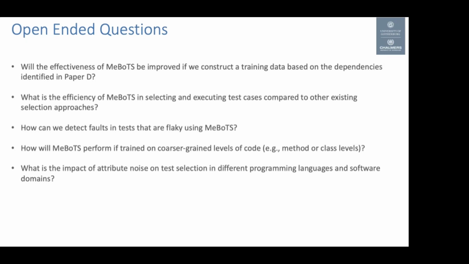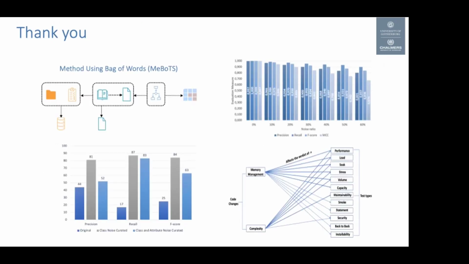And finally, we want to see whether the conclusion drawn about the effect of attribute noise was just coincidental, whether it was just related to the programming language or the domain in which it occurred. We want to examine the impact of attribute noise on test case selection on different data sets from other programming languages such as Java or Python. And with this, I conclude my presentation, and I thank you all for attending.